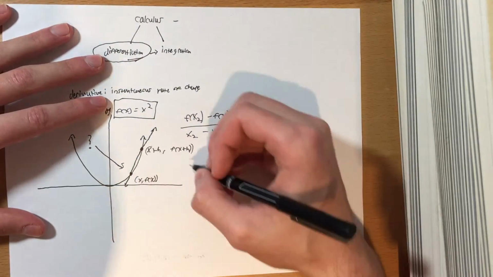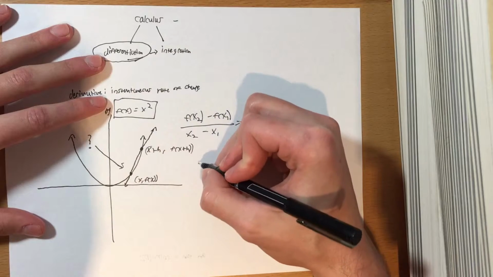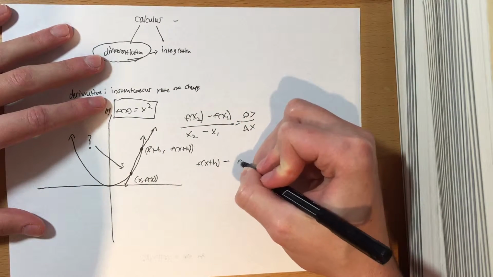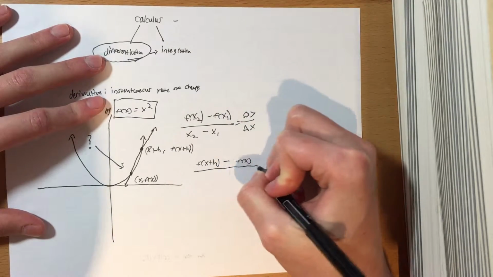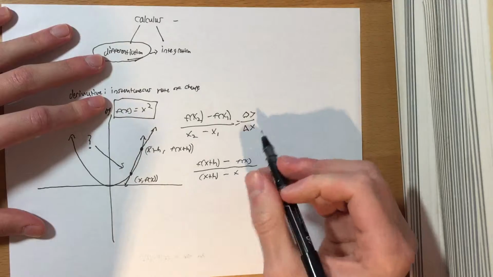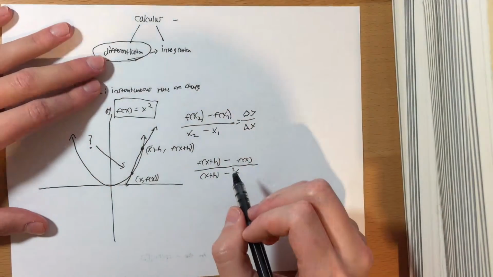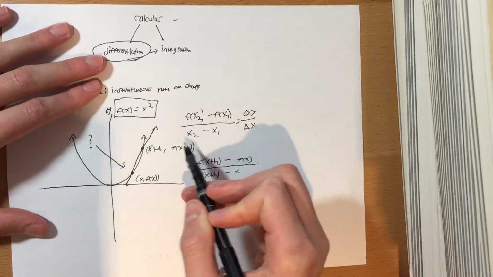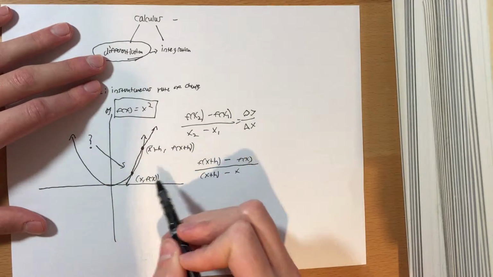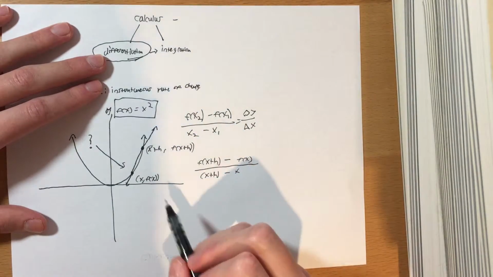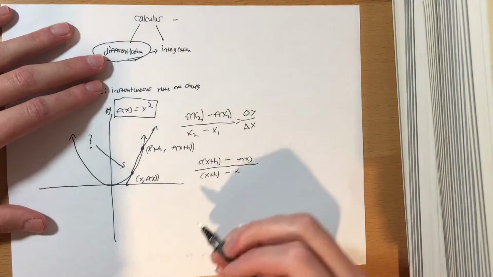Well, if we want to find the slope between these 2 points, all we'd have to do is do f of x plus h minus f of x over x plus h minus x. That might seem a bit confusing, but remember, all we're doing is just finding the slope. We're taking our y value right here, we're subtracting our y value right here, and then we're taking the x value here, we're subtracting the x value here, and that's just written right over here.